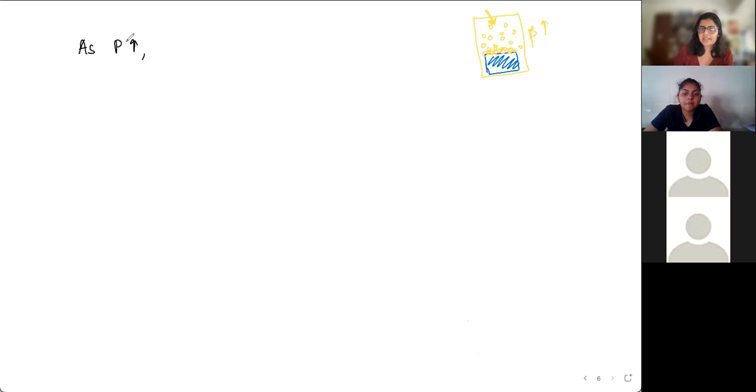Now when I increase the pressure, what do you think will happen to the gas molecules? Will they come closer together? Come closer. Right. So when they come closer together, do you think that will make it easier for more of these particles to fall on the surface, or will it not affect it?